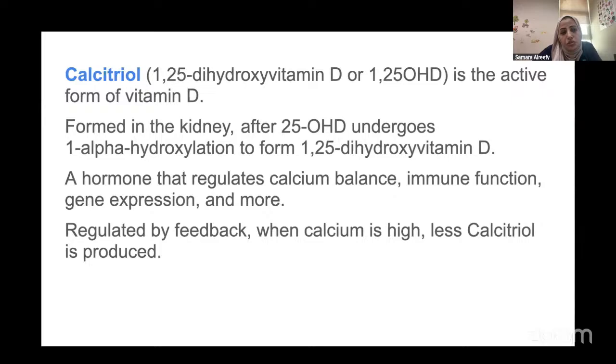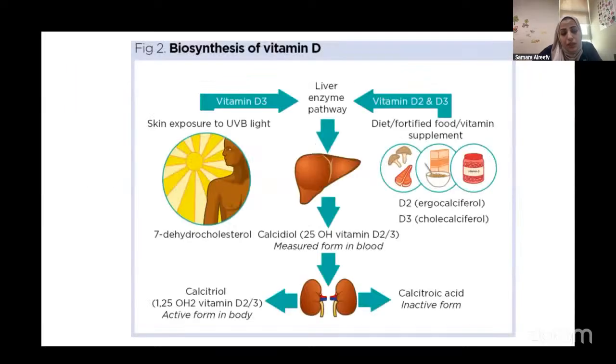It is regulated by feedback. So there are two processes that go through. The first one is in the skin, and then in the liver, using liver enzymes, the hydroxylation process forms calcidiol, which is 25-hydroxyvitamin D. And then it circulates to the kidneys, where it forms the active form, which is calcitriol.